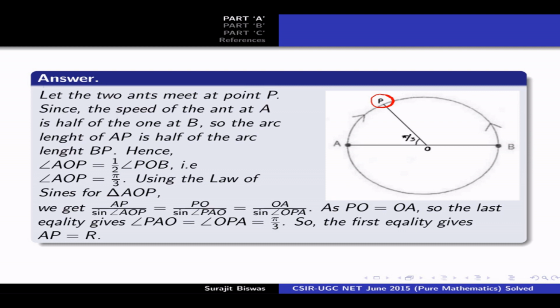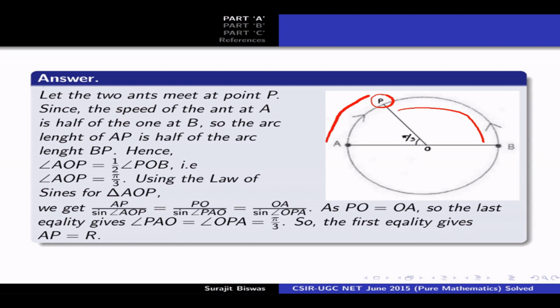Since the speed of the ant at A is half of the one at B, the arc length AP is half of the arc length PB, and therefore the angle AOP would be half of angle POB, that is, AOP has to be equal to pi by 3. Now let's draw the straight line here.